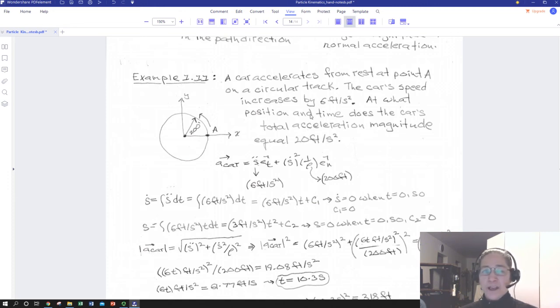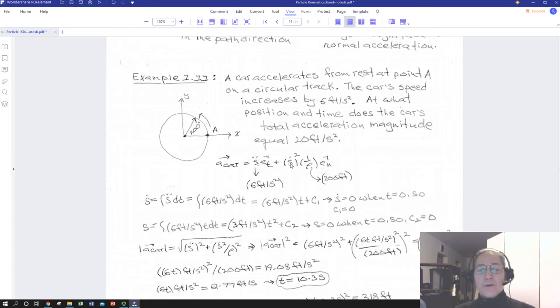So now we're relating effectively the Pythagorean sum of both components of acceleration. That 20 feet per second squared is going to be picking up both our tangential and our normal. So we can write an expression for total acceleration using the terms that we just had. Our s double dot is our 6 feet per second squared. We know that our radius of curvature is 200 feet.